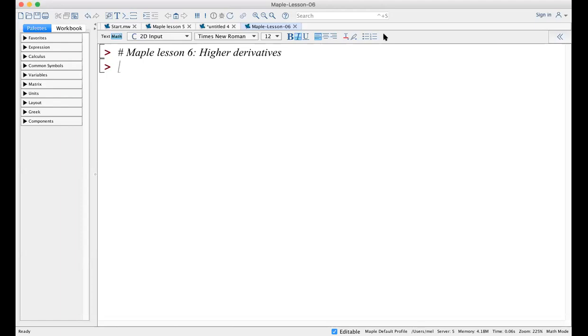If you want to define a function f, f := x -> x cubed times the sine of x over, I don't know, log of x. That's a minus sign with an arrow, with a greater than sign.